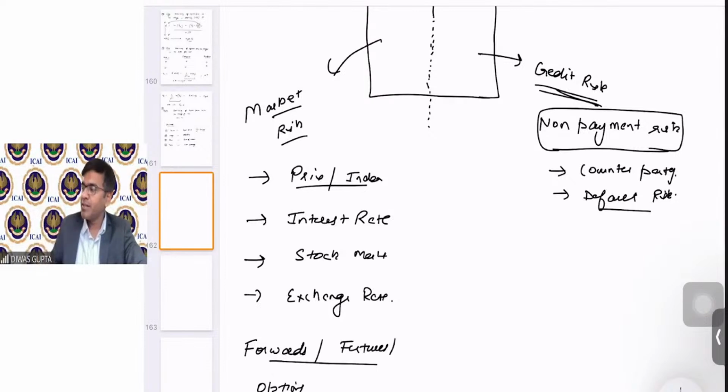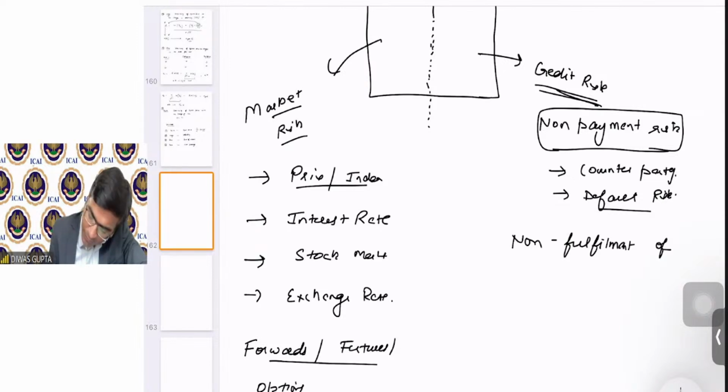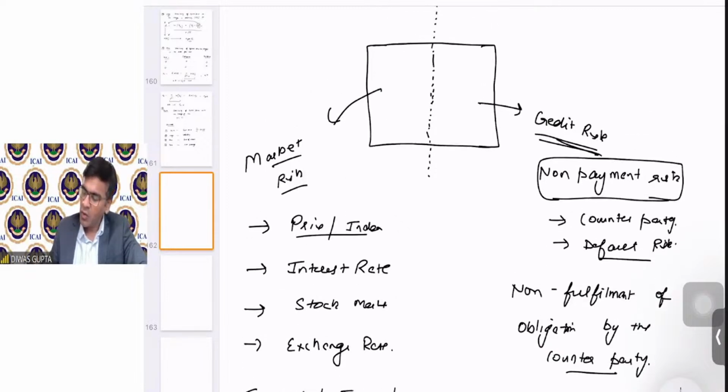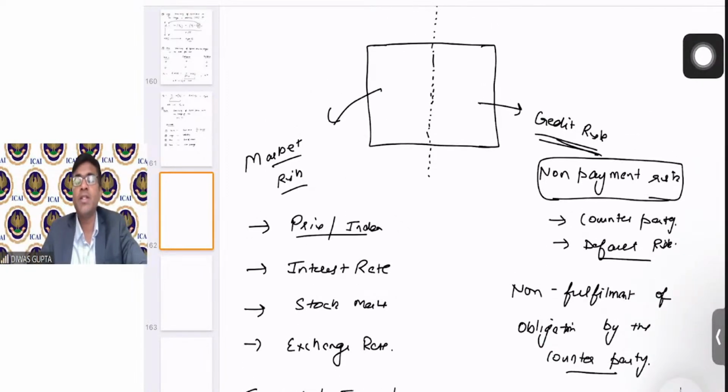The nutshell is that it is because of the non-fulfillment of obligation by the counterparty. Students, I hope the genesis of credit risk is clear.